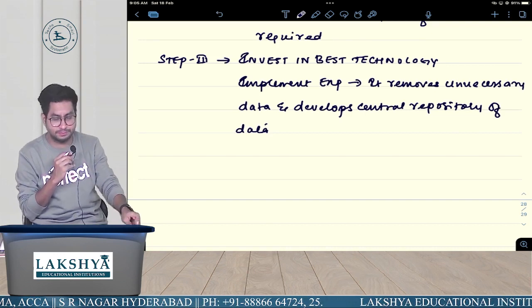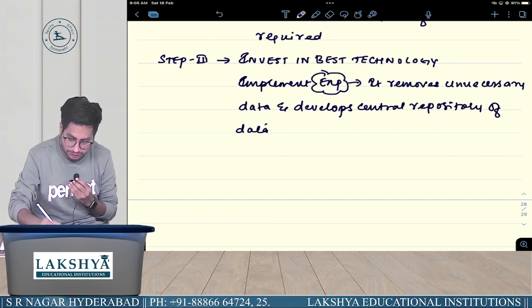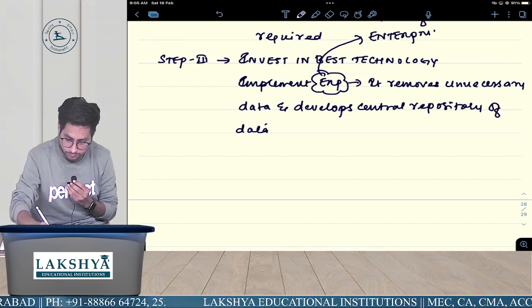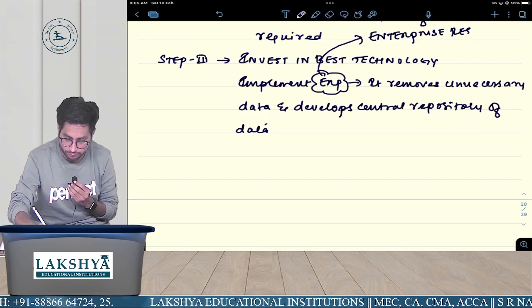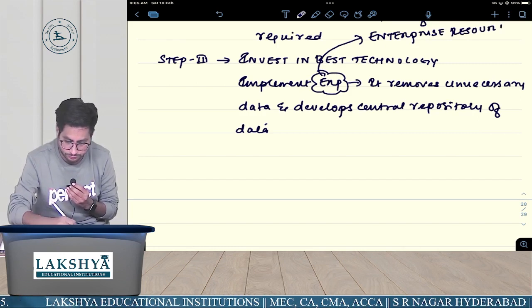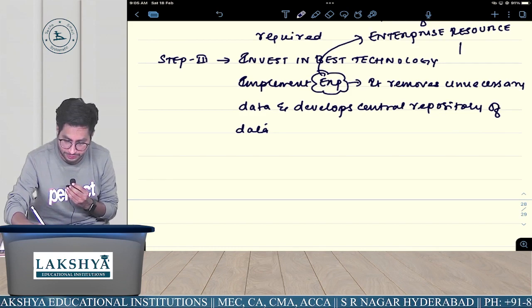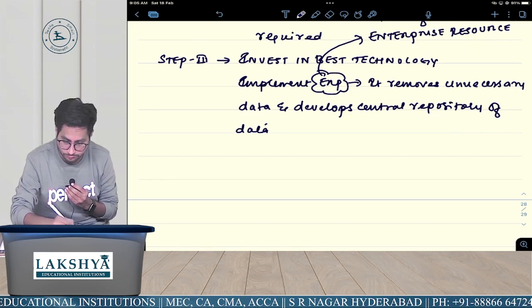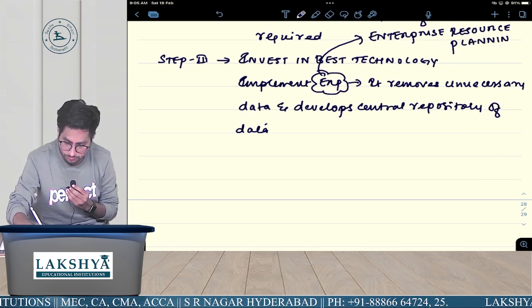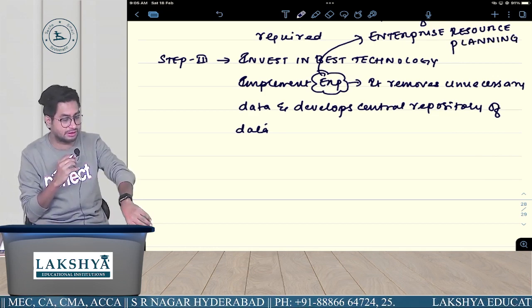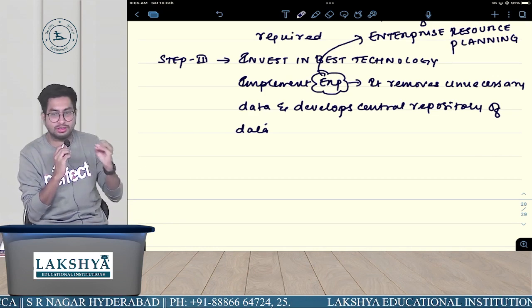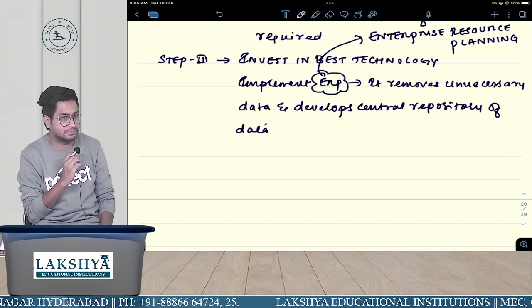ERP stands for Enterprise Resource Planning. It is not a software, it is a technology.